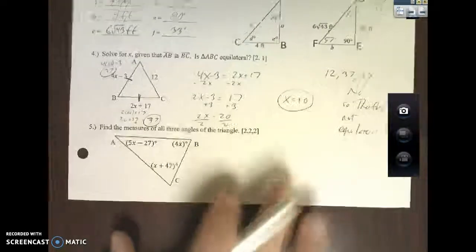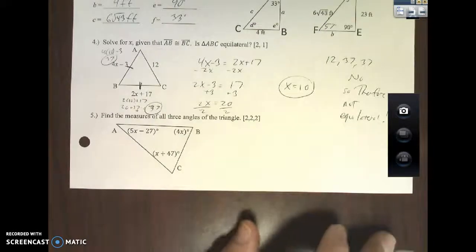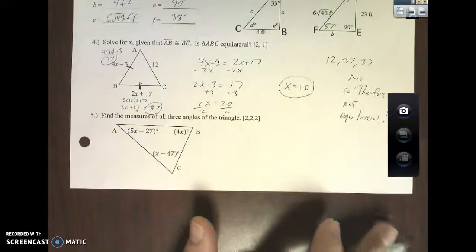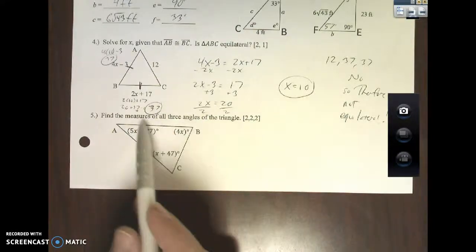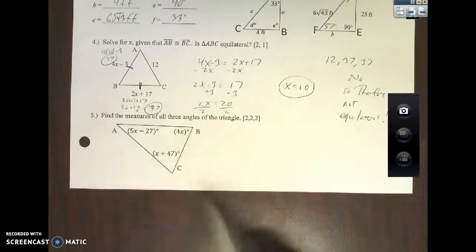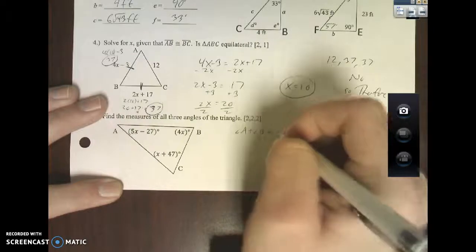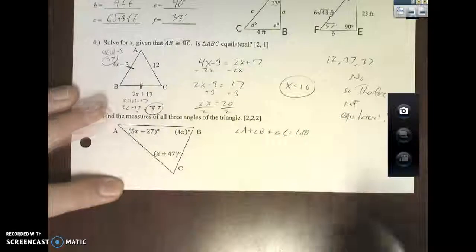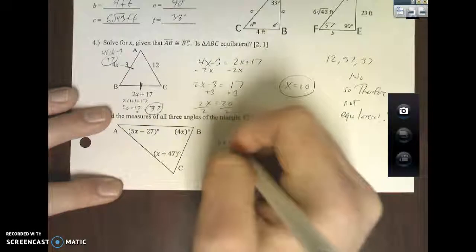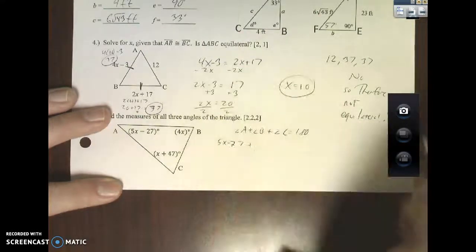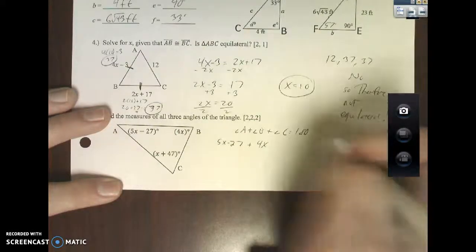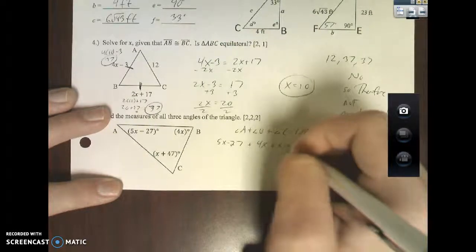Okay, very good. Looking at number 5 then. Find the measures of all three angles of the triangle. Now, again, you've never heard me ask this question, but what do the three angles of the triangle have to add up to? 180. So they're giving you three variables here for angle A, B, and C. So I know that angle A plus angle B plus angle C equals 180. Well, let's just substitute things in. 5x minus 27 plus angle B is 4x plus angle C is x plus 47.